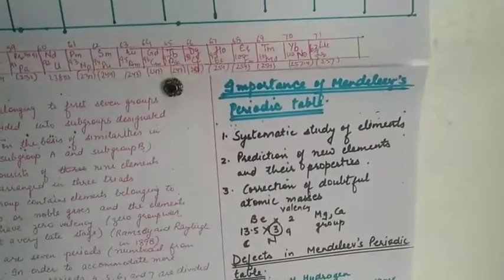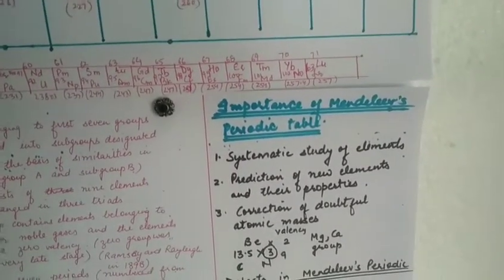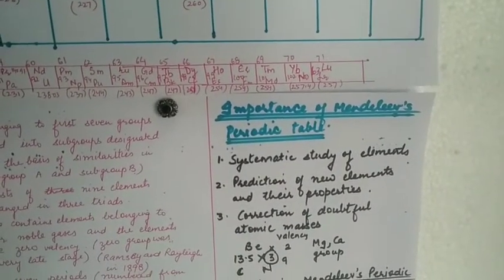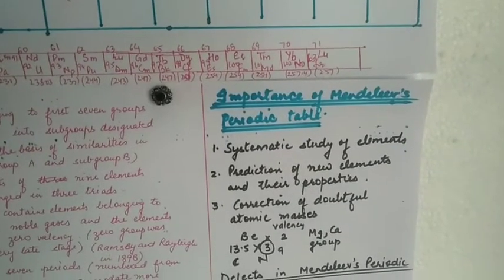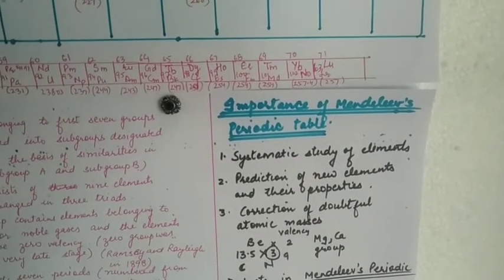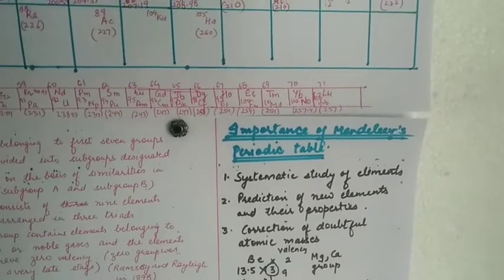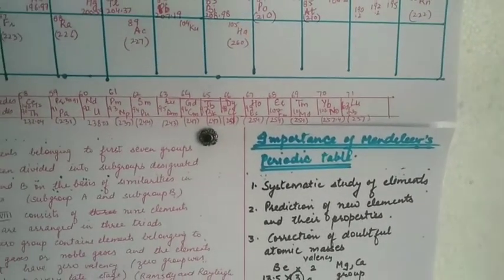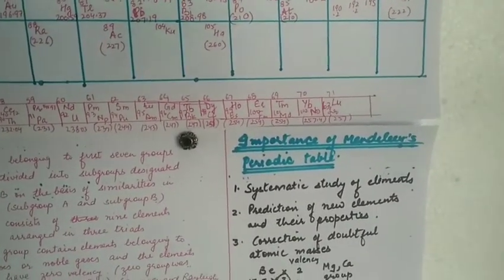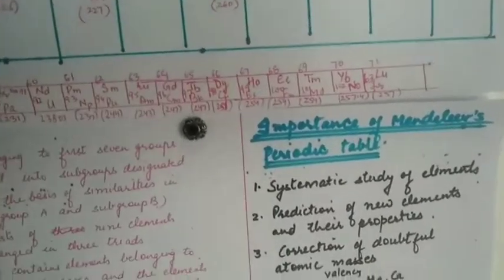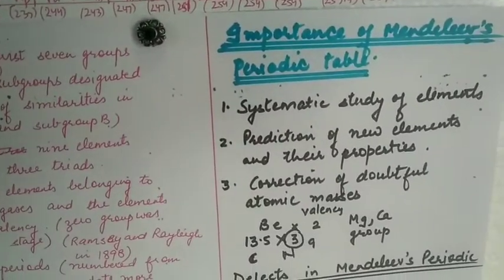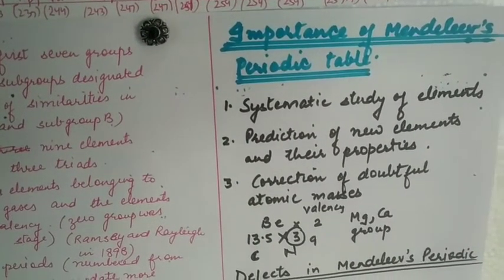Importance of Mendeleev's periodic table. This table was the first attempt at classification which showed a systematic study of elements. Then, because of Mendeleev's periodic table, the prediction of new elements and their properties was possible.